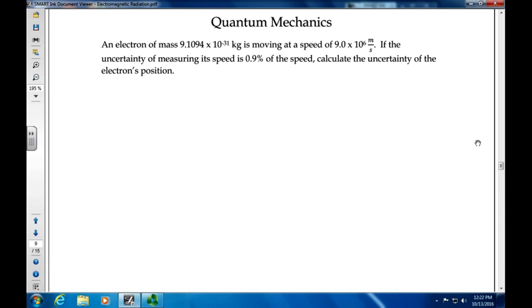So let's start by assigning what the uncertainty of the electron's speed is.